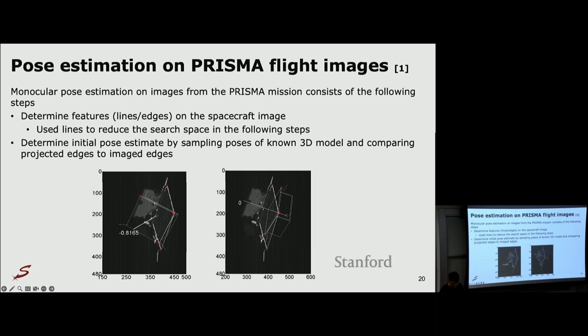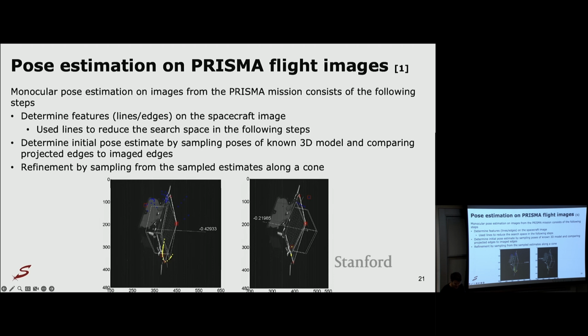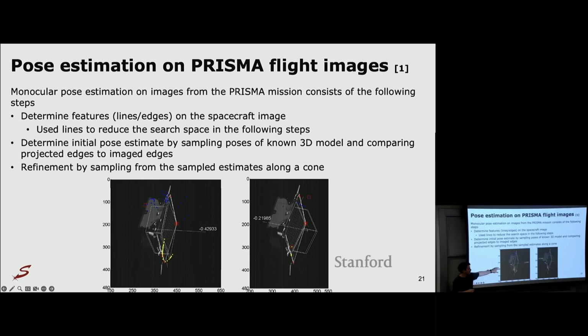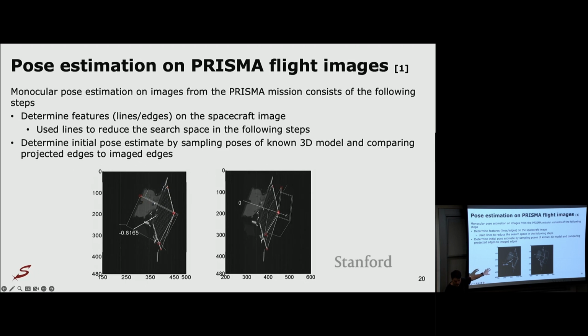But we're not done. The first step in the refinement process is to do an initial refinement by walking the pose guess, if you will, through a cone. And that leads to these two estimates. So we started with these, and these same initial pose guesses get refined by looking at, again, that same error that we were talking about before, right?